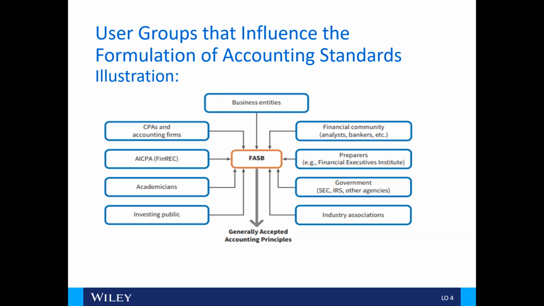Every single state has a board of accountancy and their own organization, so the Delaware Society of CPAs or the Maryland Society of CPAs, all of those people are influencing FASB, which in turn influences generally accepted accounting principles.